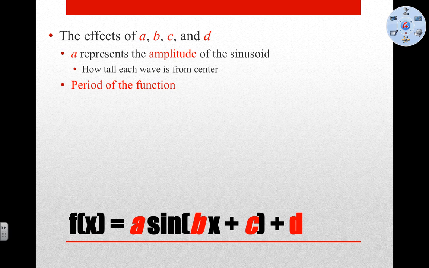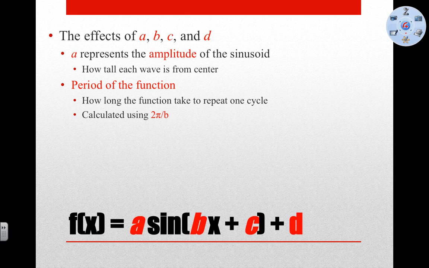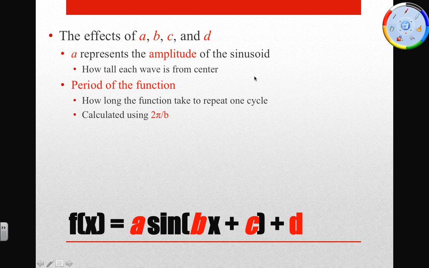The period of the function is determined by the b value, and it's how long the function takes to repeat one cycle. So that curve, that wavy curve for sine of x and cosine of x, this being sine of x, that one curve is 2 pi long.